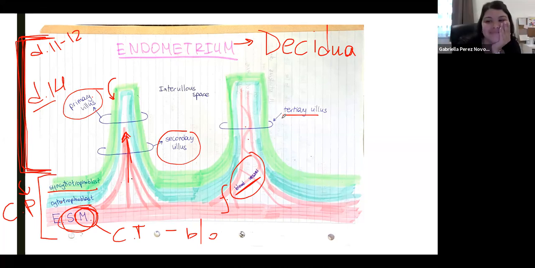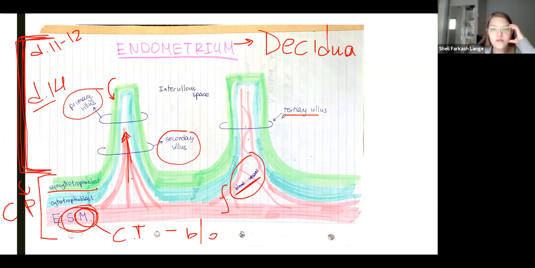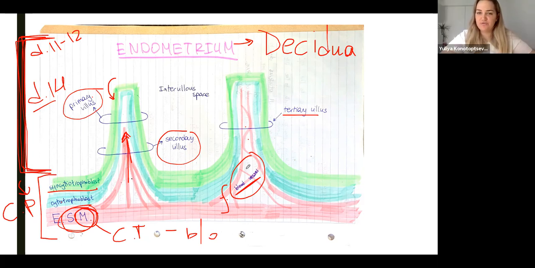You are not going to see primary. You are not going to see secondary. You're only going to see tertiary. Why? Why in the late placenta only tertiary villi will be present? No mesoderm. What is the core structure of the tertiary villus? Blood vessels. Whose blood vessels? Fetal and embryonic. What is the purpose of placenta?